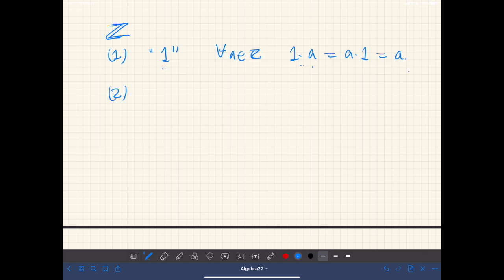And the second property is that in integers, multiplication is commutative. So for any integers a, b, we have a times b equals b times a. It's commutative.